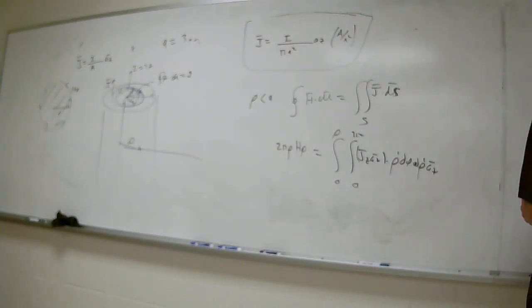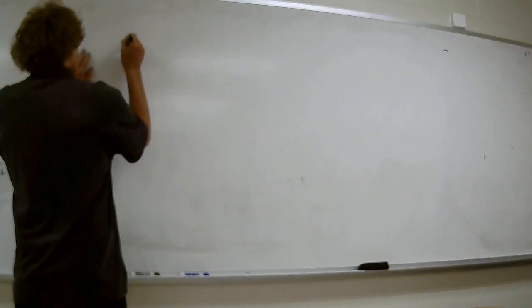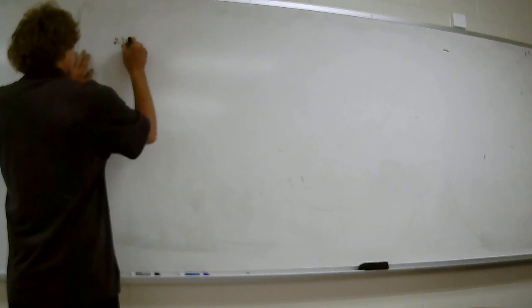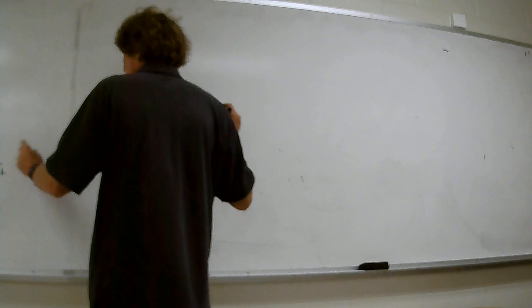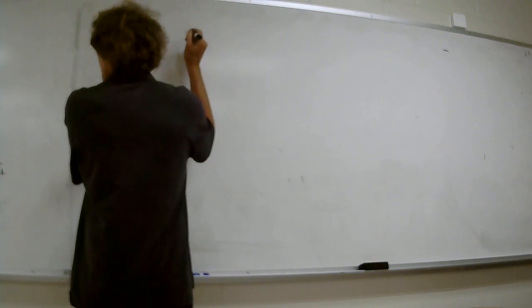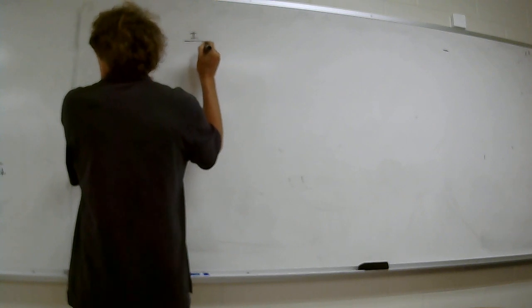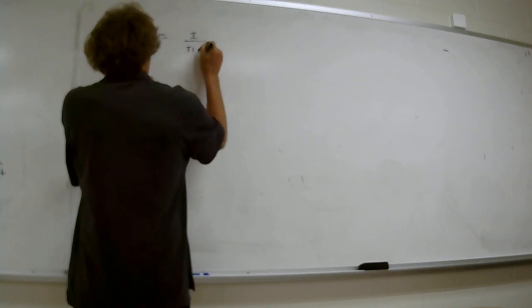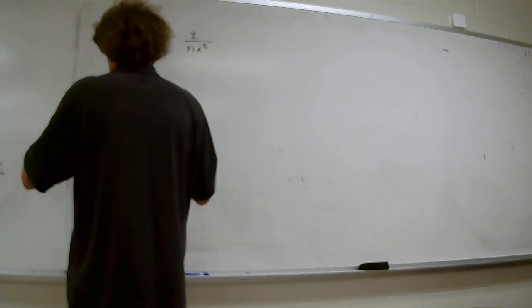So that means, I'll do it here. When I take a look at this, now I have 2 pi rho h phi is equal to, on this side, simply jz, or really, I'll just call it I over pi a squared. That's simply jz, and it's times the area inside that loop.